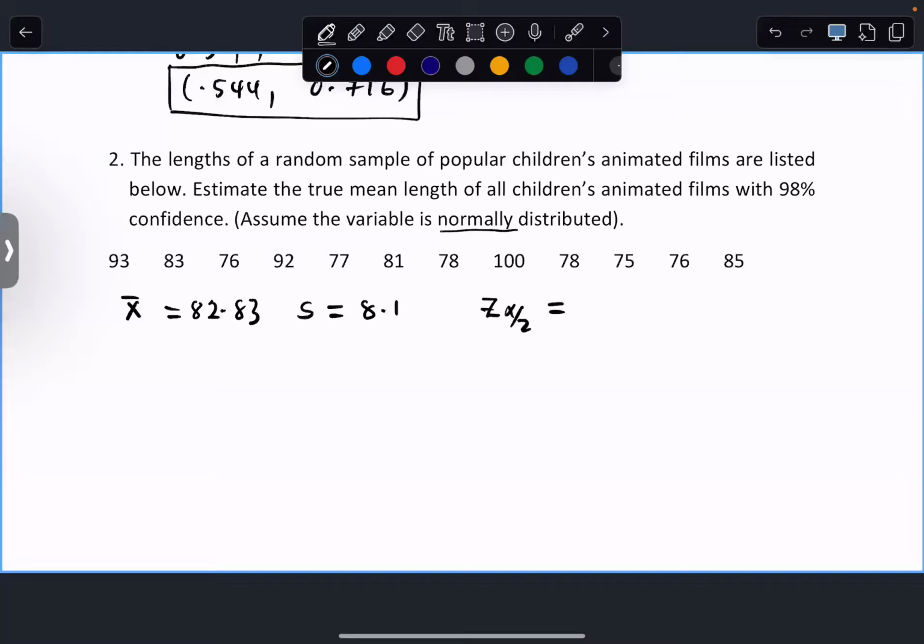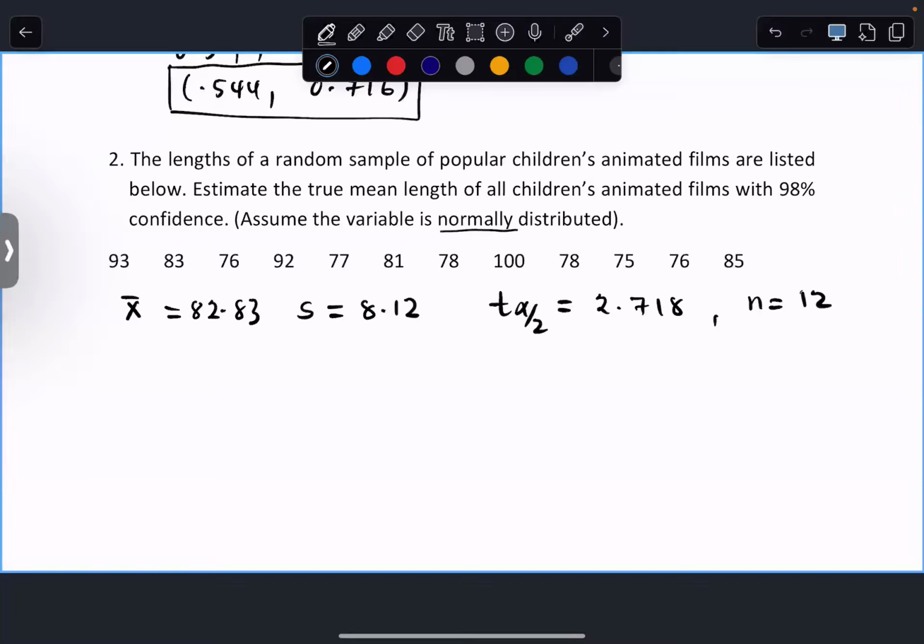It should not be Z, because we do not know the population standard deviation, so we'll use T. So T alpha on 2 will be 2.718. N is, how many do we have? 12. If you do not know how I got the T to be 2.718, this is how I got it.